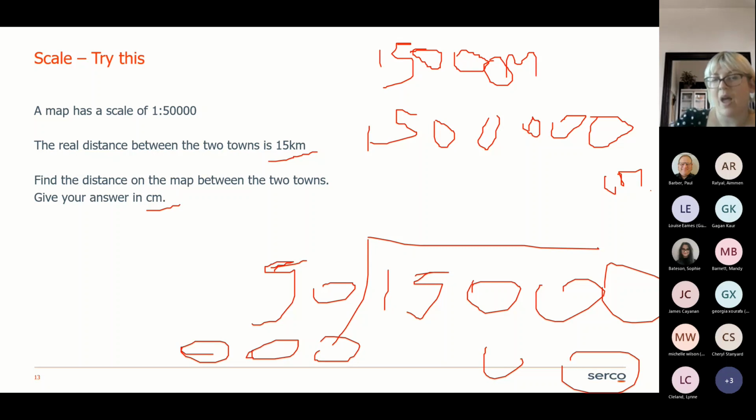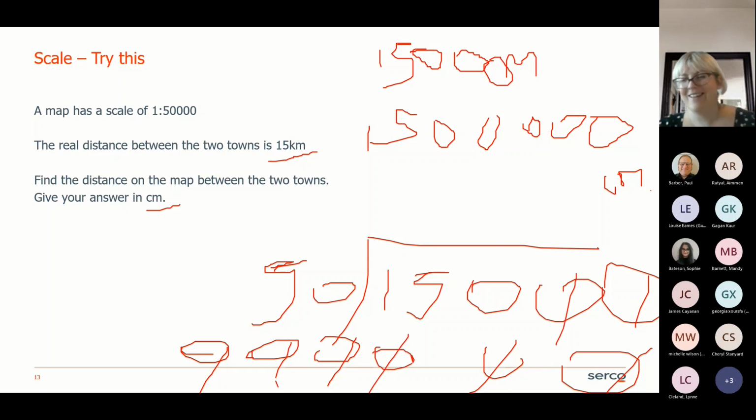Now that we've got the right figures, I would knock off the zeros. 1, 2, 3. Oh my gosh, a zero. Okay, I think we've established the answer is 30. So the answer is 30 centimeters. Yeah, that's right. So then 5's into 150. Yeah? Yeah.